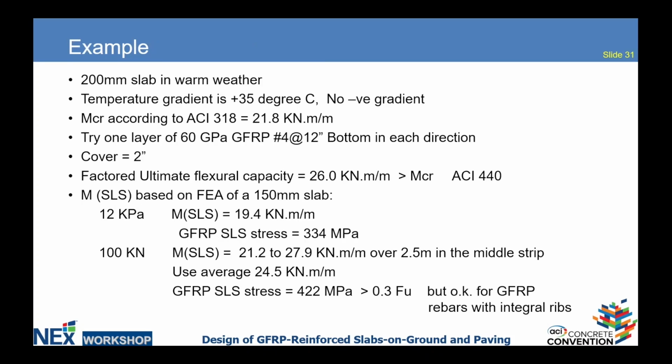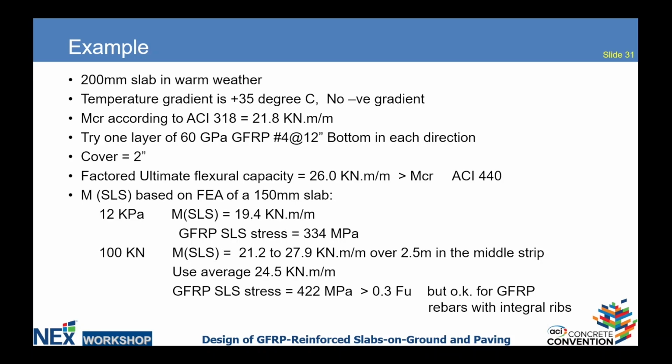Okay? So here's an example. An 8-inch slab, and it's in warm weather, so we don't have to design for the negative thermal gradient. So plus 35 degrees C, that's very stringent. Okay? So the M crack, according to ACI 318, is 21.8 kilonewton meter per meter.